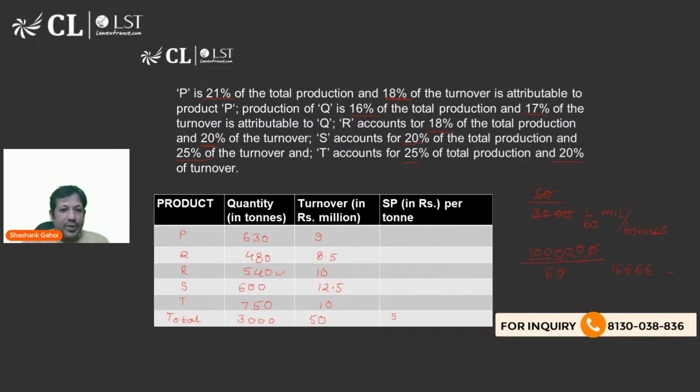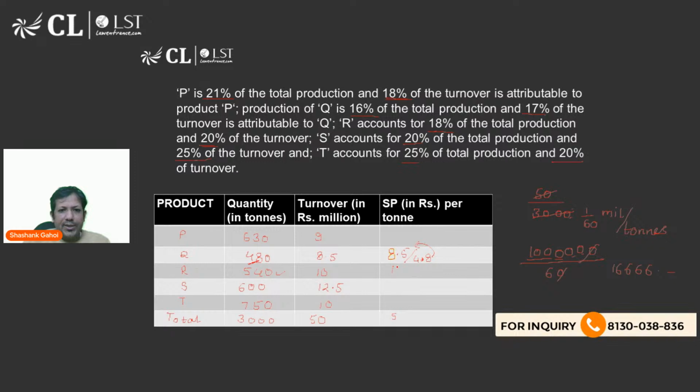So basically, this is 8.5, and let me change the color of this. So this is 8.5 divided by, let me take it as 4.8. So instead of doing 480, this value is less than 2.